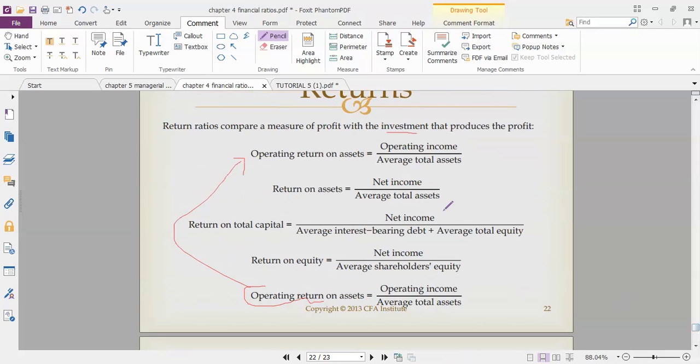Net income or net sale divided with the average total asset. Okay, average total asset, or else I will find out another formula that we can use to calculate for return on asset. Okay, wait for a while.